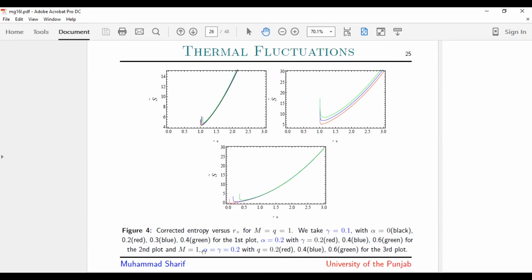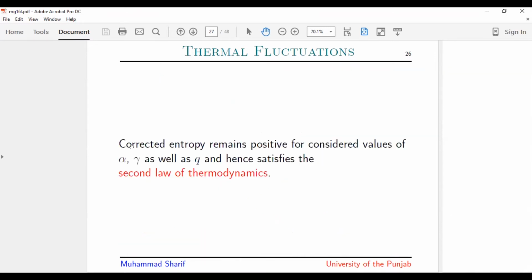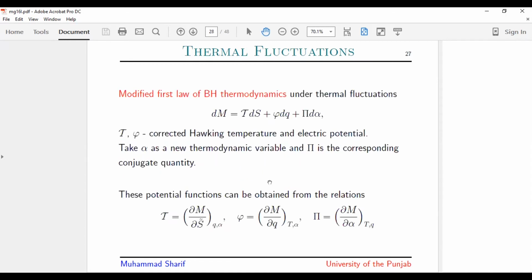And in the third graph, I'm fixing alpha and gamma and taking different values of Q. And if we see from all these three graphs, we find that the entropy provides an increasing behavior. So corrected entropy remains positive for considered values of alpha, gamma, as well as Q, and hence satisfies the second law of thermodynamics under the effect of thermal fluctuation.